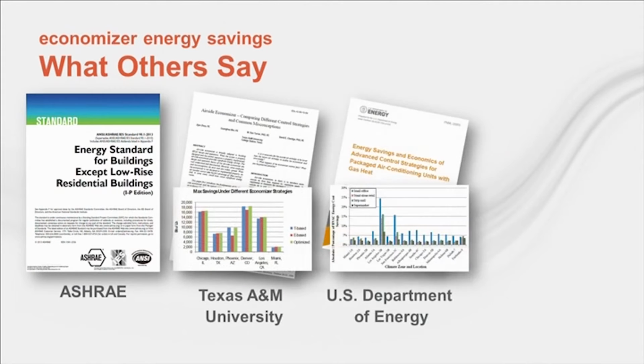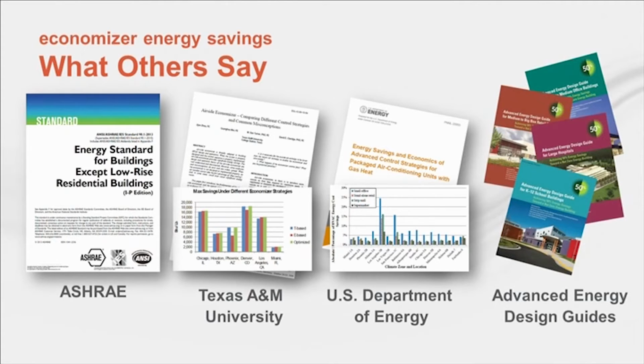Similar studies conducted by the Department of Energy, state energy offices, and university researchers also show significant energy savings potential. And all of the Advanced Energy Design Guides, which were published by ASHRAE and based on energy simulations performed by the Department of Energy, suggest economizers be used to reduce energy consumption in most building types. These and more resources are listed in your bibliography.